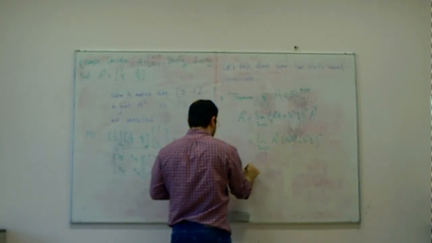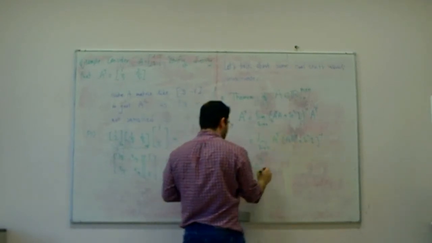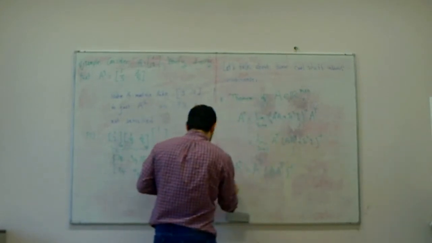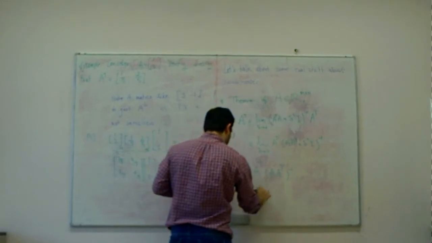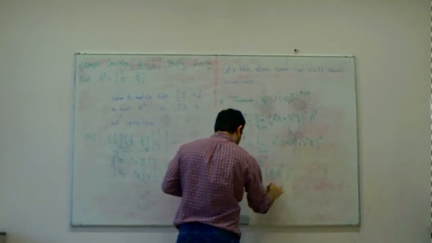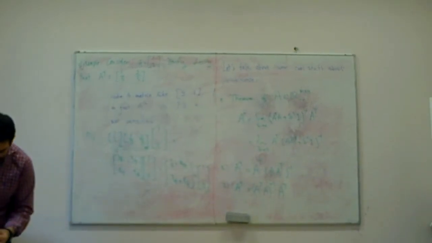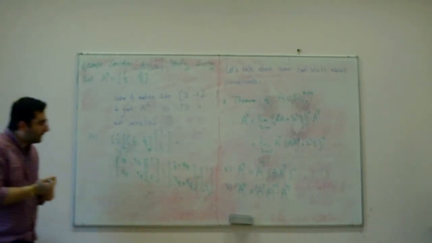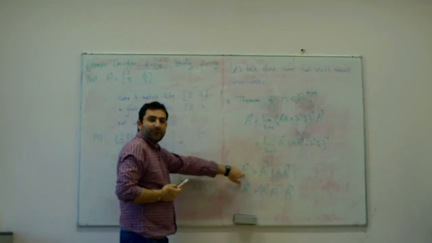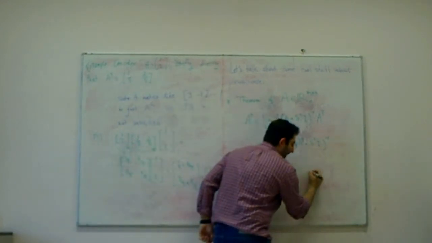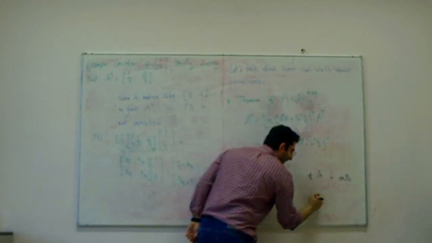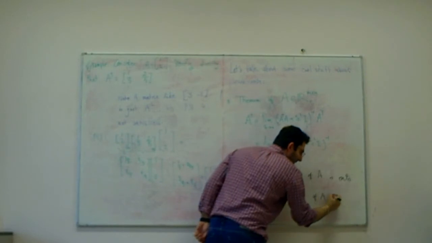A plus is A transpose times A A transpose inverse, and A plus is A transpose A inverse A transpose. But for number 2 and number 3 we have to be careful about something. This formula is true if A is onto. And this formula is valid if A is 1 to 1.